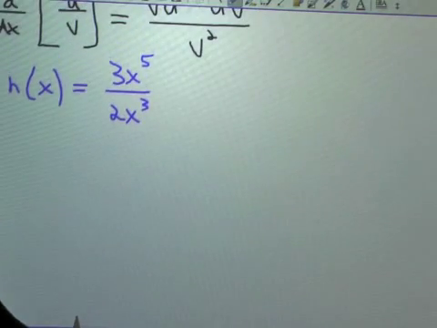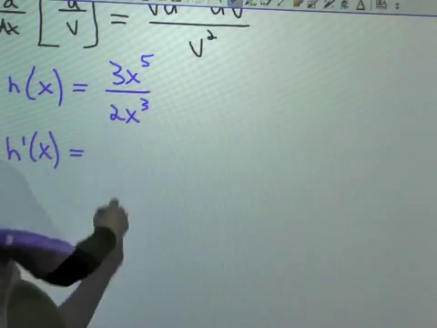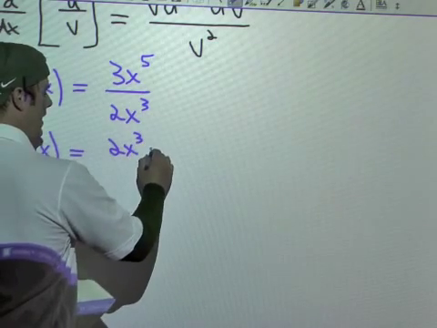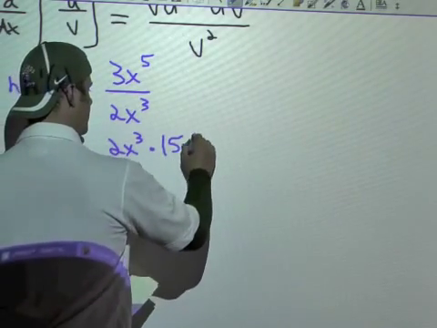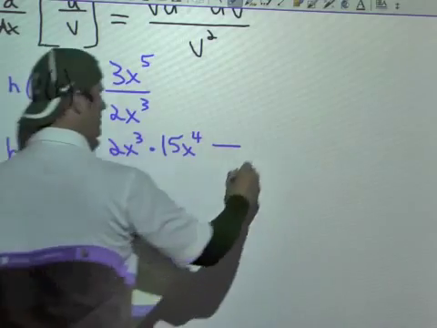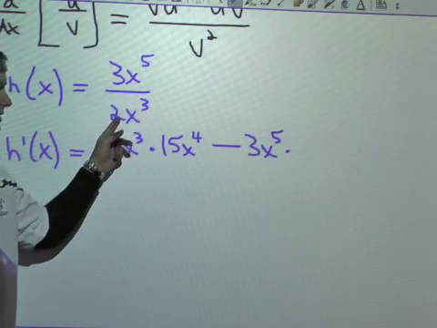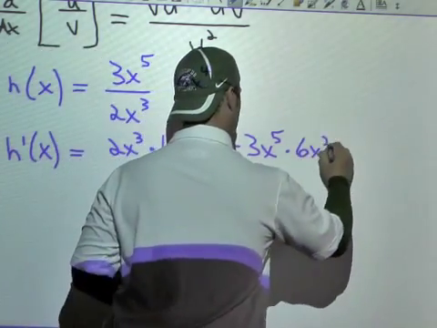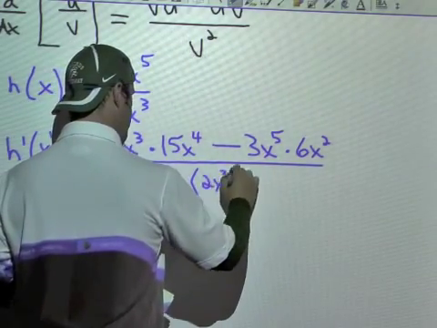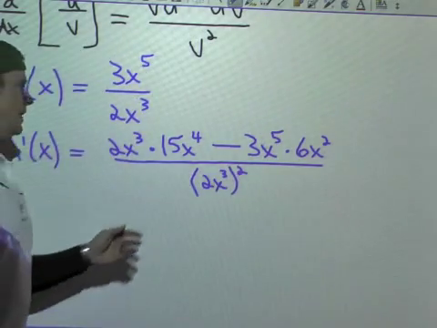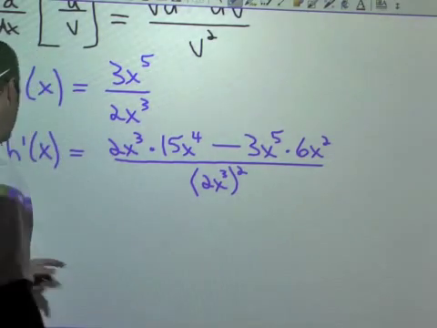So to find the derivative using the quotient rule with this simple function, you take the bottom function, which is 2x cubed, times the derivative of the top, 15x to the fourth, minus the top function, 3x to the fifth, times the derivative of the bottom, which is 6x squared, all over the denominator squared, which is 2x cubed squared. Now I'm just going to do some algebra to simplify this and hopefully show that it's equal to 3x, like we got in the other problem.